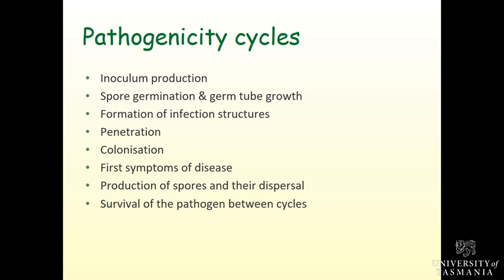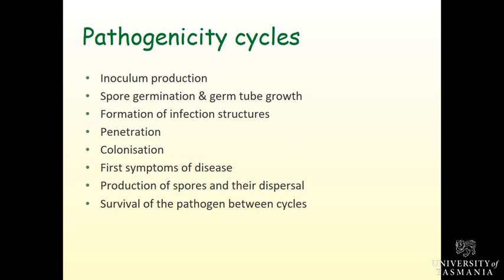There are some that we call the imperfect fungi that actually do not produce spores at all, and their entire infectivity process is through movement of mycelia, but most do. Anyway, a generalised pathogenicity cycle, much the same as what we had previously for some of these other pathogens.